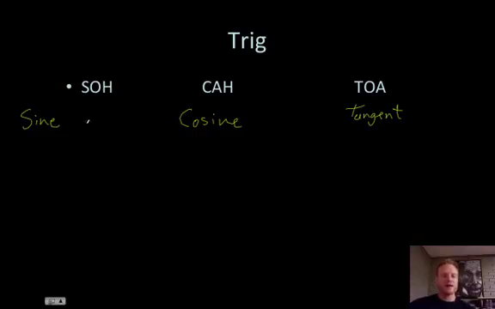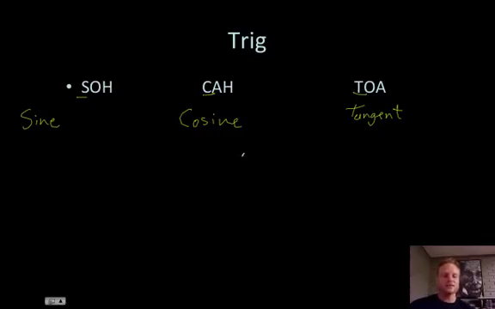I have this SOHCAHTOA across the top, and the first letter of this mnemonic device is what I just wrote down in each of these words. So the S stands for sine, the C stands for cosine, and the T stands for tangent.